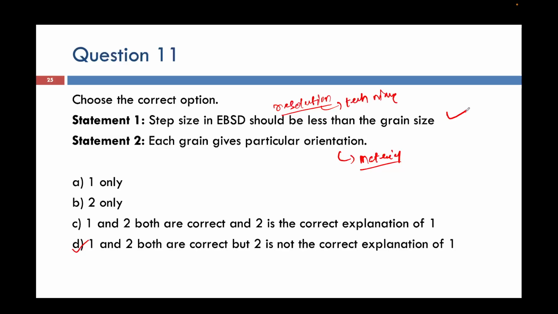Both statements are correct, however statement 2 is not indicating statement 1. So option D will be correct. Both are correct, but 2 is not the correct explanation of 1, because one is telling us about a technique, and the next statement is giving us information about the material.